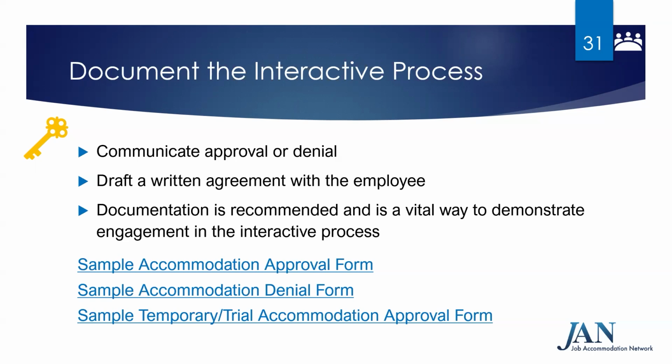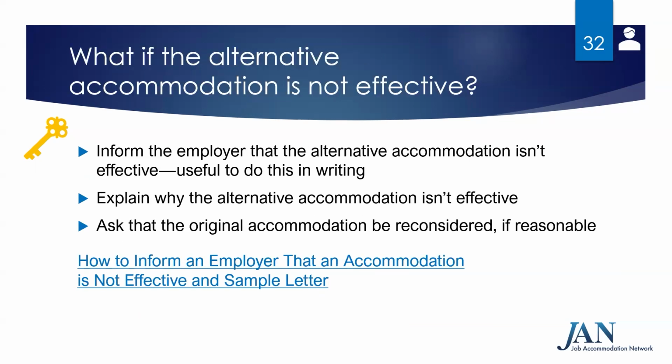But what if an accommodation is not going to be effective? Now, of course, employers don't always have to provide the specific accommodation requested by an employee with a disability, but we sometimes do offer alternative solutions, right? And sometimes it's found by the individual that it's not going to be effective for them.